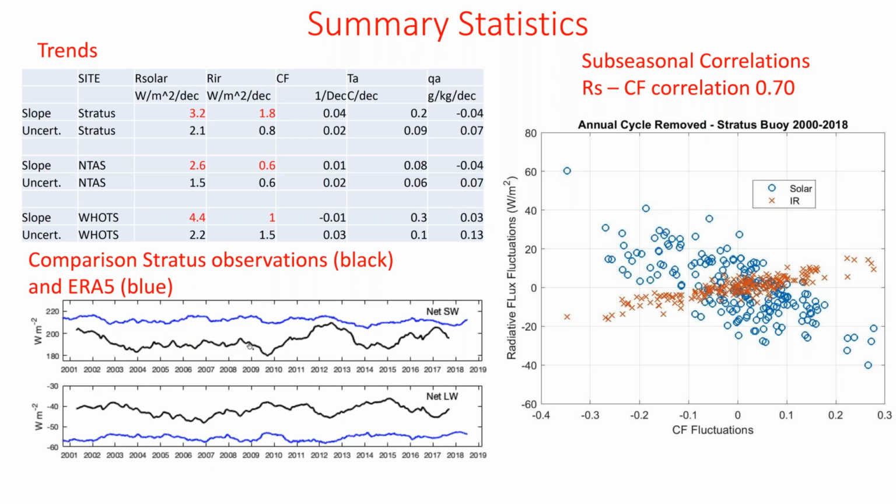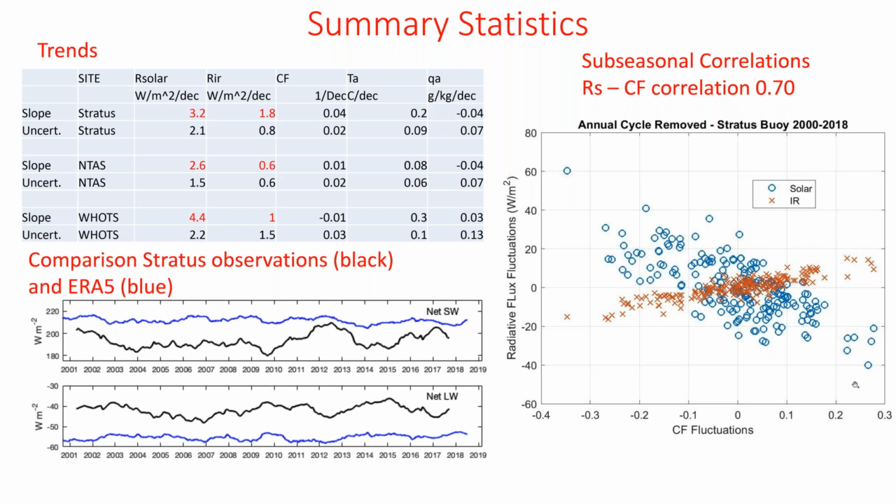Down below here, we're comparing the solar and IR flux, the nets at the Stratus buoy with ERA5 reanalysis. You can see the reanalysis, which is considered one of the better reanalyses, has significant flux errors in radiative flux at this particular site, on the order of 15 to 20 watts. On the right-hand graph, I've graphed the variations in cloud fraction against the variations in IR and solar flux.